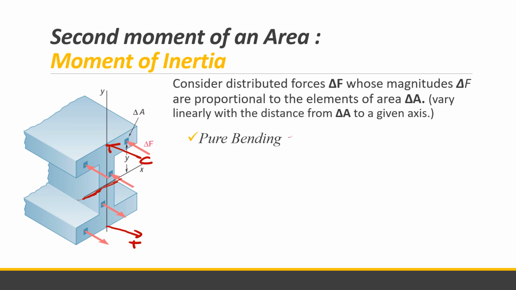So say we have a beam here which is simply supported with a load P at the center. When the beam is loaded, if it is concrete, you will not see the changes under loading.